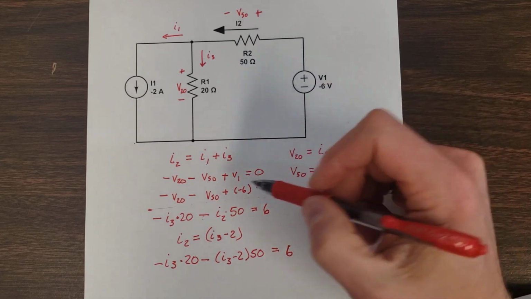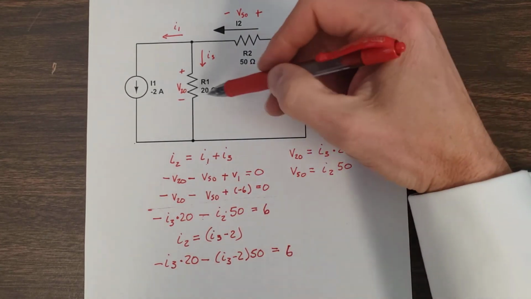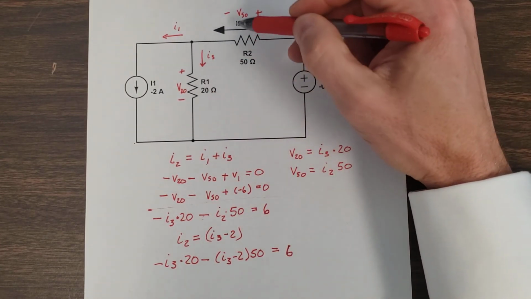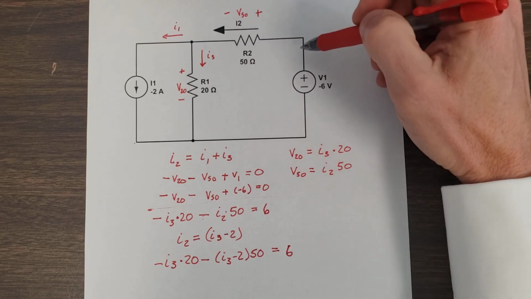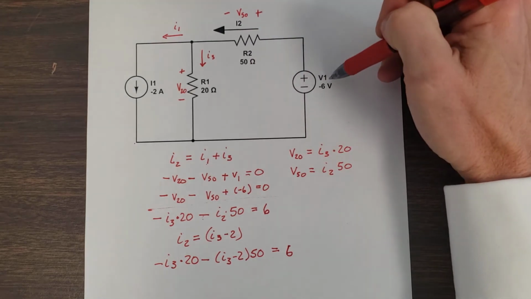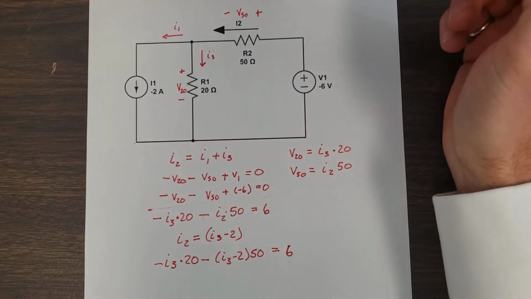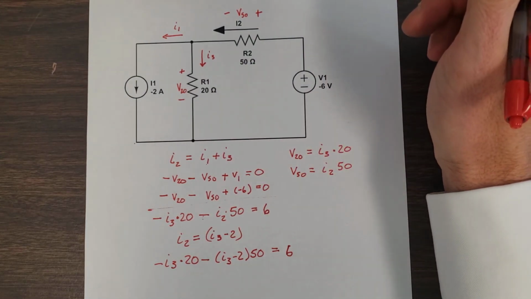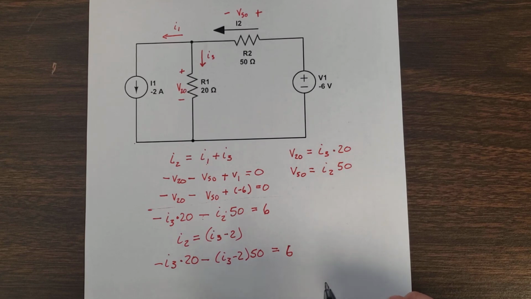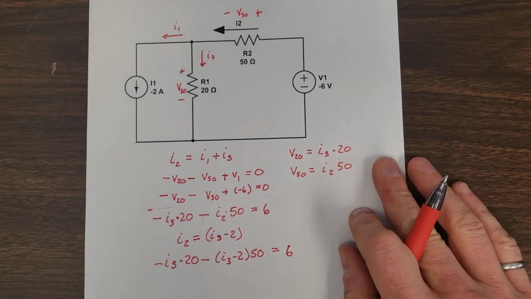And let's check to see that we have all this. So we have minus V20 minus V50 plus V1, which is a 6. So we swing this over to the other side. Then we can factor our terms out.